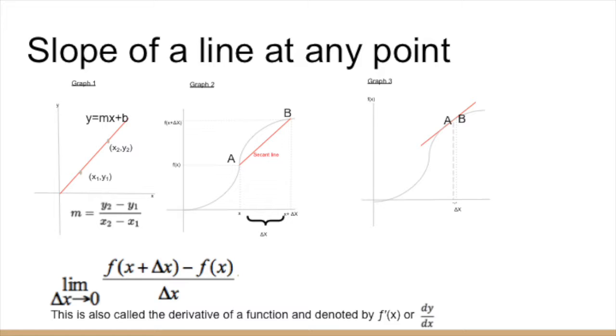So, if you put that into mathematical representation, it will be the limit of f of x plus delta x minus f of x divided by delta x when delta x approaches 0. This will be the solution of the first classical problem, finding the tangent line of a point on a function.